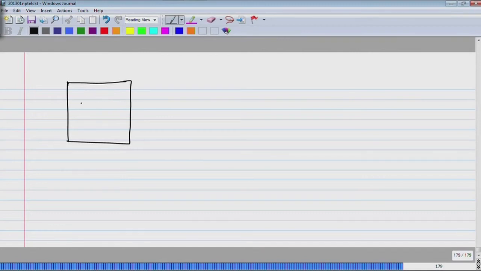So let's say we have a linear network with independent sources.